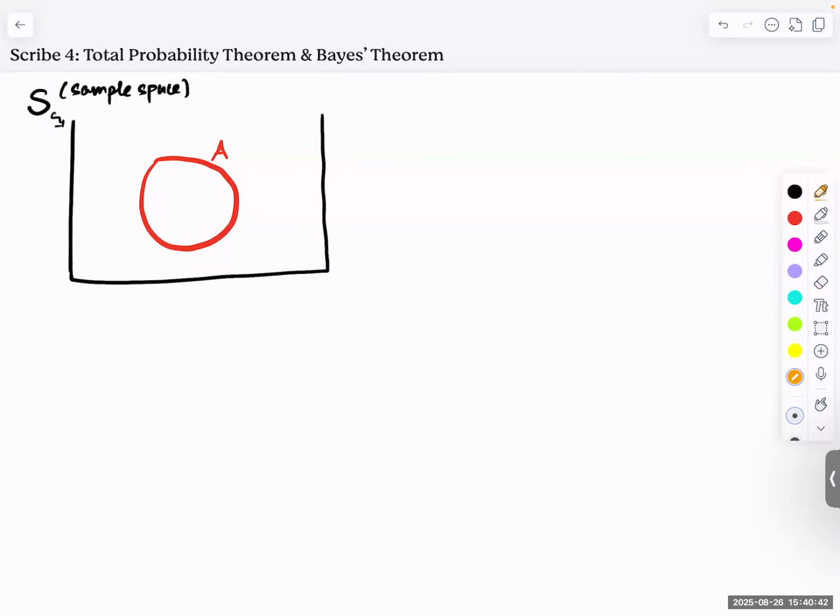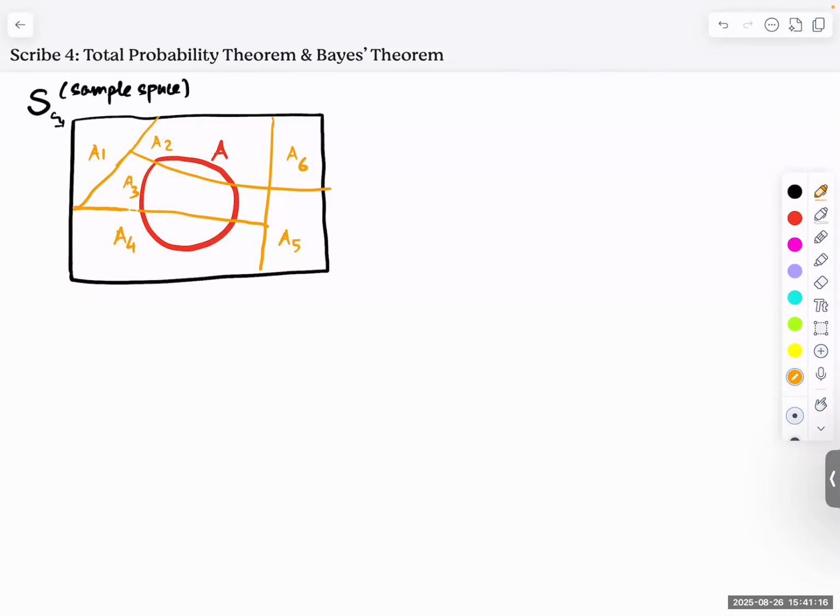Let's say I take my original sample space and think of breaking it down into chunks. Let's say these are some chunks that I broke it down into. Call these chunks A1, A2, A3, A4, A5, and A6.